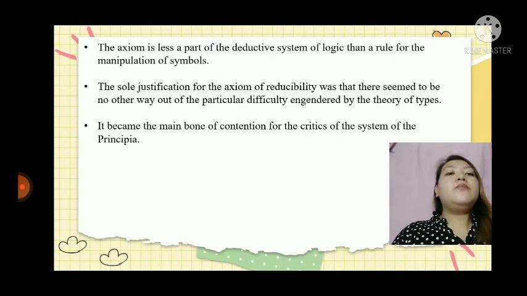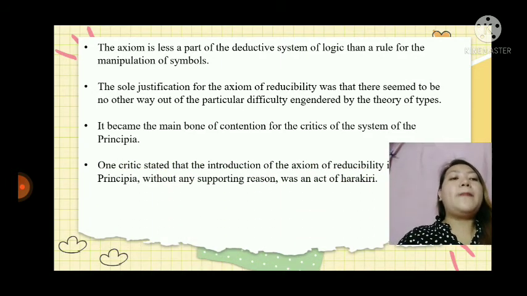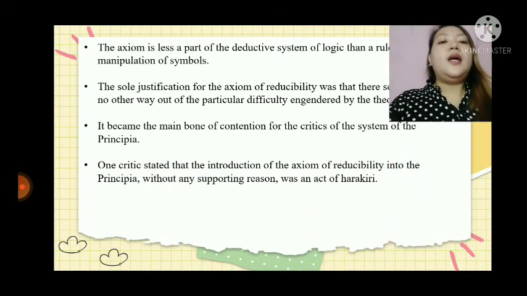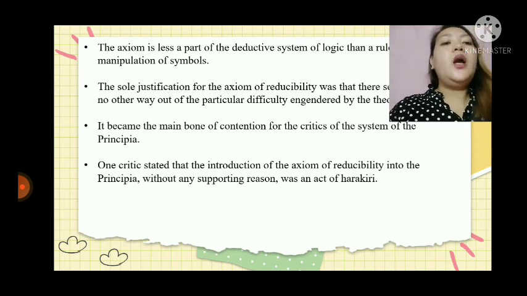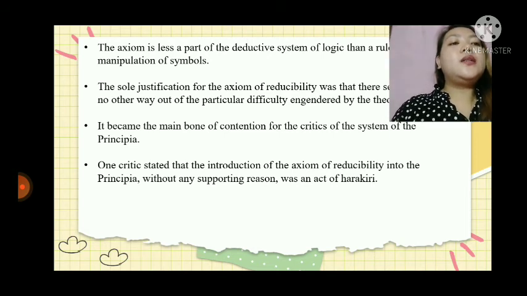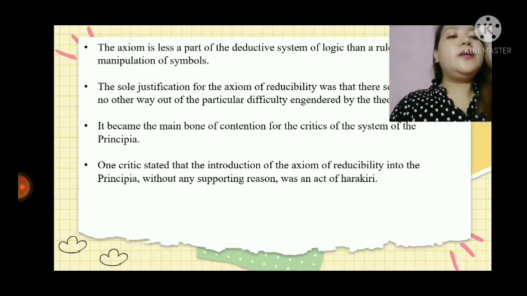It became the main bone of contention for the critics of the system of the Principia. One critic stated that the introduction of the axiom of reducibility into the Principia without any supporting reason was an act of hara-kiri.